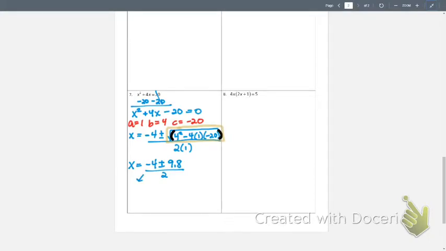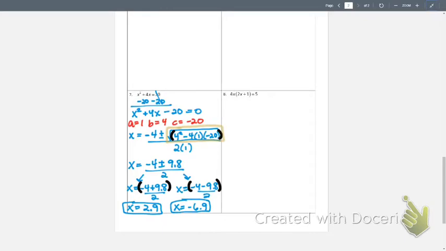So once you get that, you break it up into 2 separate problems. We have negative 4 plus 9.8 divided by 2 and negative 4 minus 9.8 divided by 2. We have to follow order of operations, so we have to type that into our calculator all at once, and you should be getting x equals 2.9 and x equals negative 6.9.